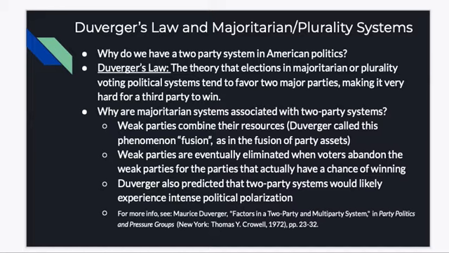But sometimes this means combining your resources with one of the two major parties, like the Democratic or Republican parties. This is called fusion, as in the fusion of party assets. So the resources here could be facilities, time, people, money, any kind of resources that political parties could use.